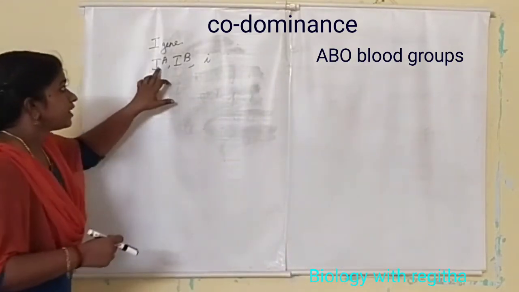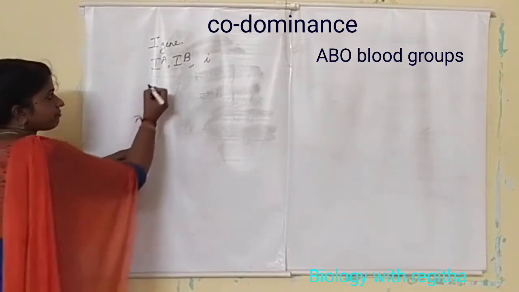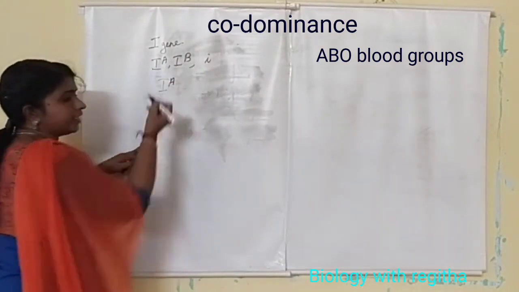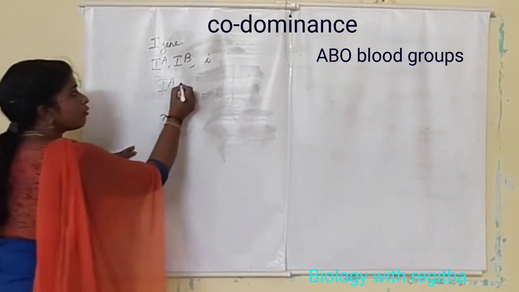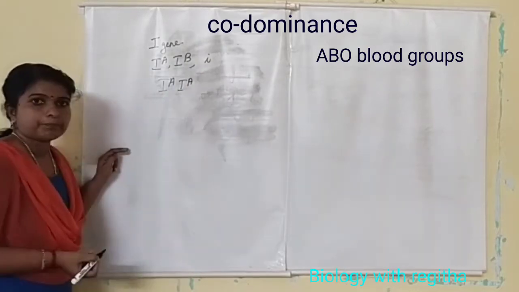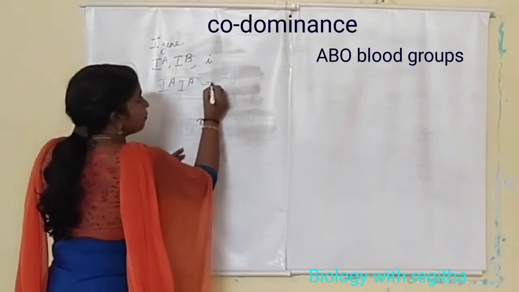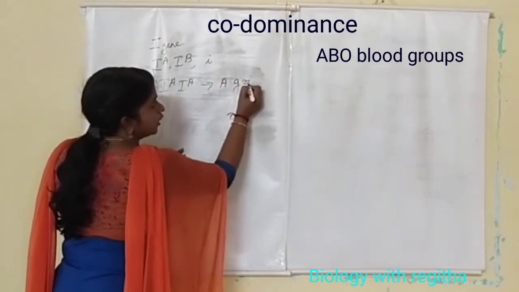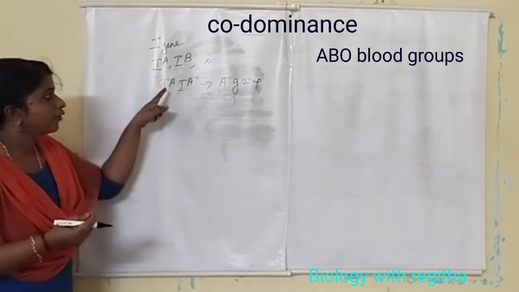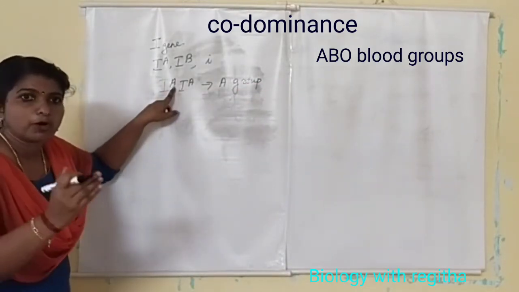And if this IA gene appears in homozygous condition, then that blood group is known as A group, because it produces a particular type of sugar polymer.